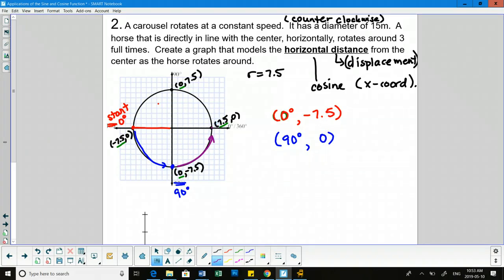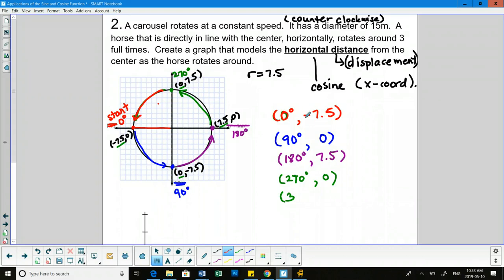Okay, and then next location, we're now 180 from where we started. What is our horizontal displacement from the center? 7.5, you got it. Next location, we're at 270, and we can see the x-coordinate here is 0. So we have 270, 0. And then when we go back around to 360, 360 is the same as 0 because it's the same position. So when we go back around to 360, it will have the same negative 7.5 that we had for 0.